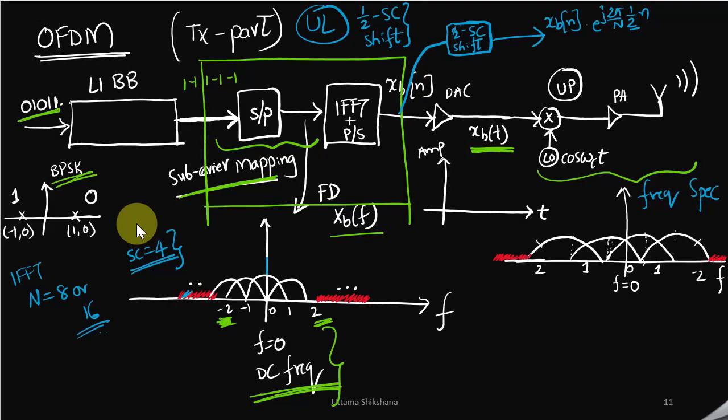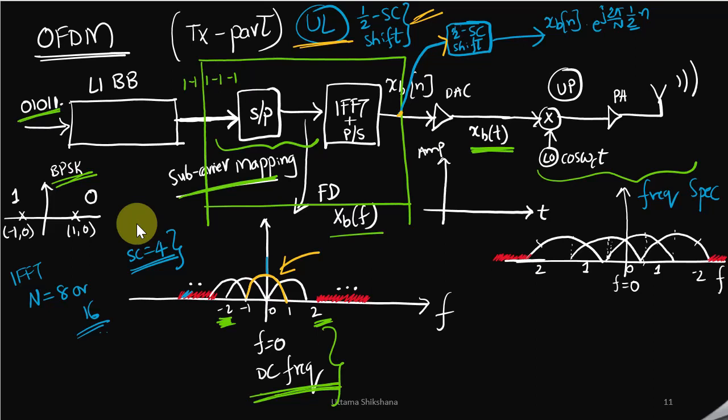Considering that, in case of uplink, the DC is transmitted; the information is transmitted on the DC. We are not going to skip it, but to overcome the effect of LO leakage, we are going to introduce a new block called half subcarrier shift.